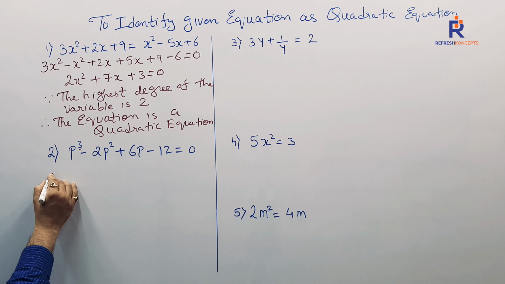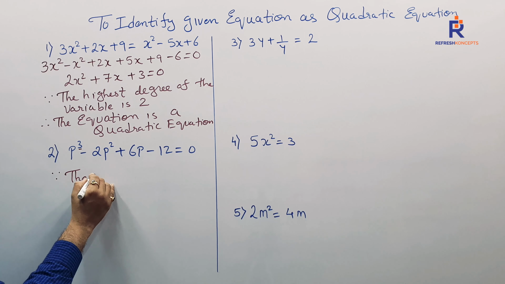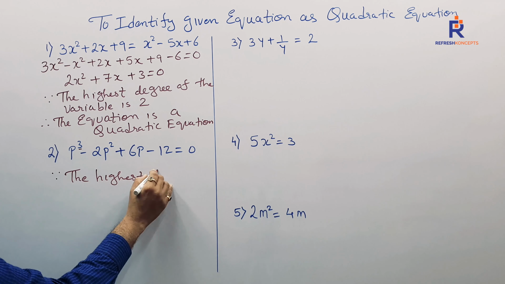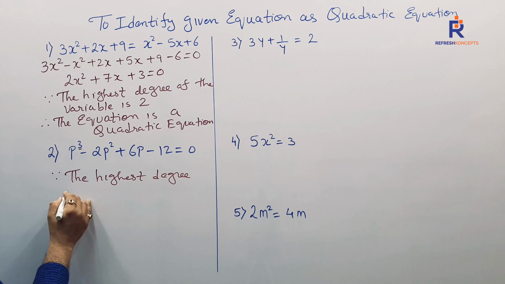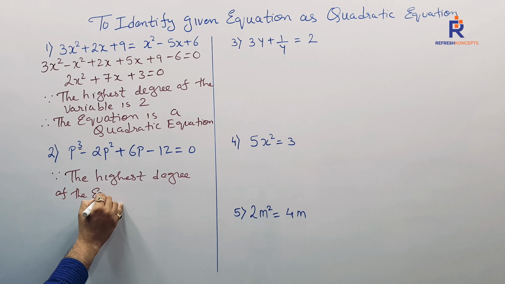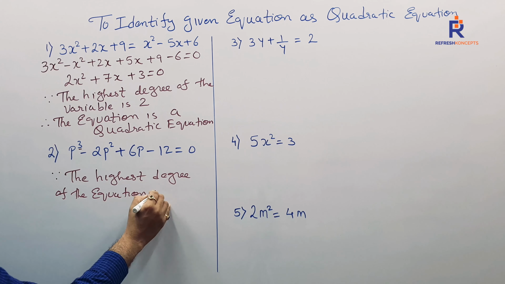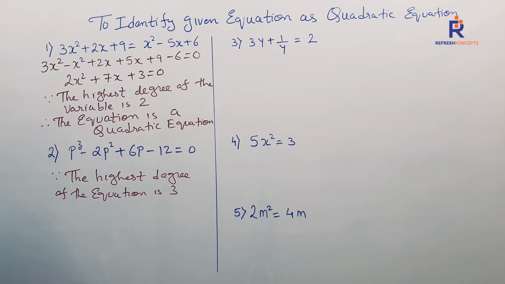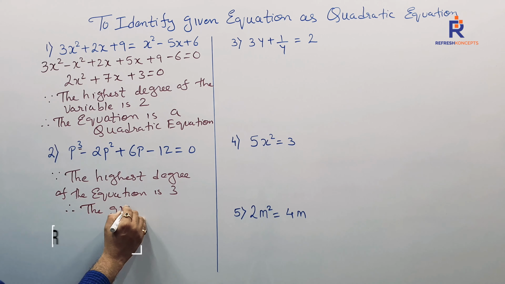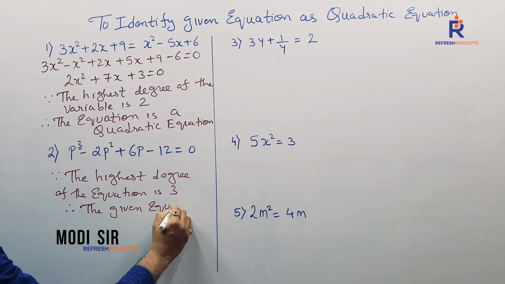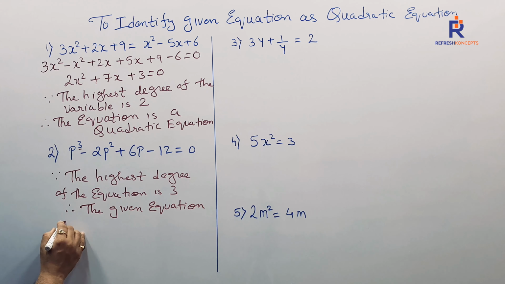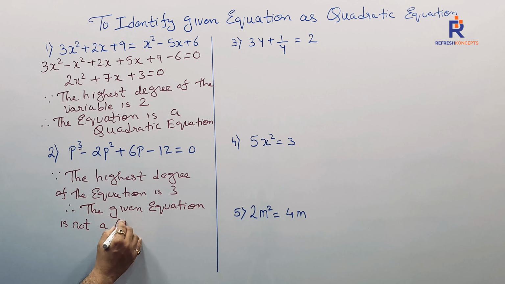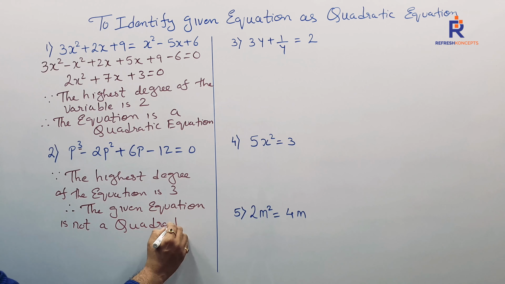We simply write: since the highest degree of the equation is 3, you can write not 2, or you can write the actual degree. The highest degree of the equation is 3. Therefore, the given equation is not a quadratic equation.